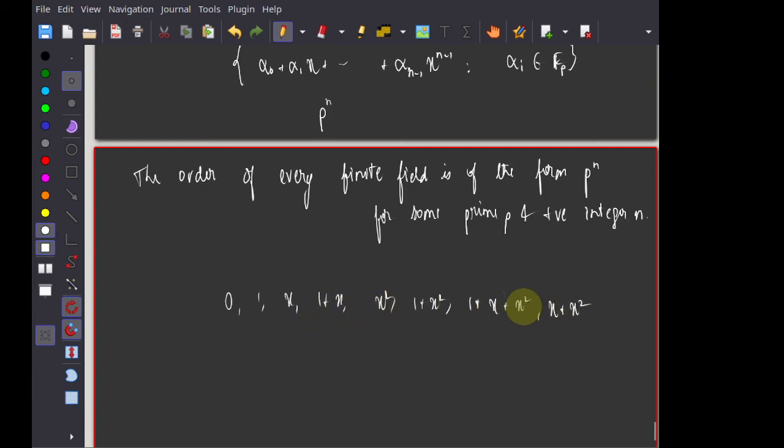Eight, exactly 8. So this is going to be the set of elements. This is of course one representation of this field, and then addition and multiplication is again going to be modulo some irreducible polynomial. So you have to choose an irreducible polynomial of degree 3, otherwise you don't get a field.